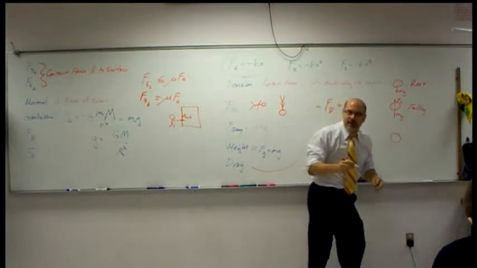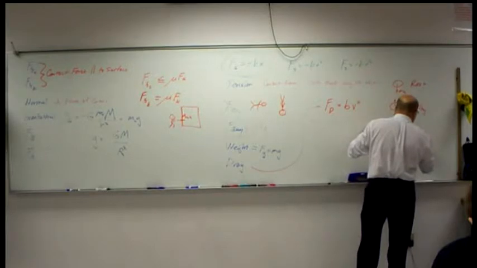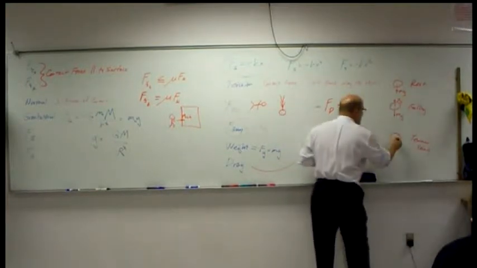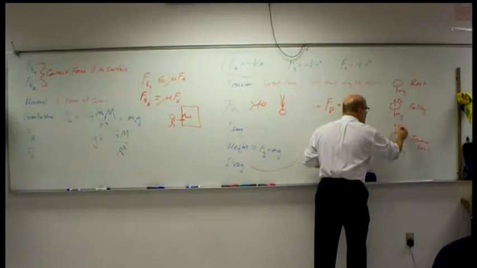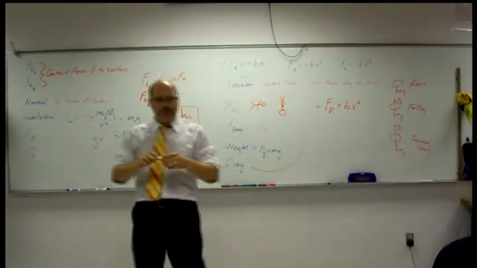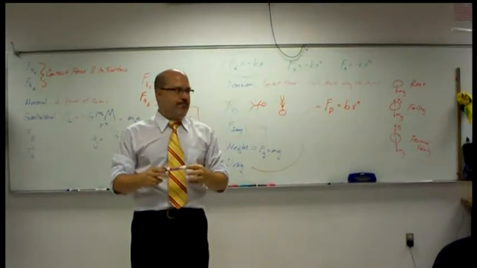This requires calculus. Eventually we reach what's called terminal velocity. In terminal velocity, your mg down and your drag force up are equal, and you no longer accelerate; you've reached a constant falling speed.